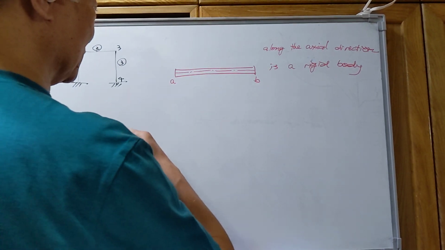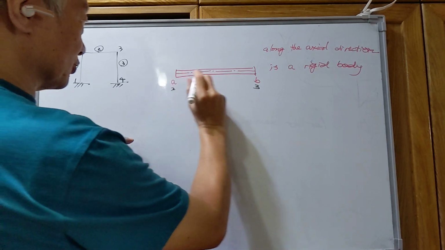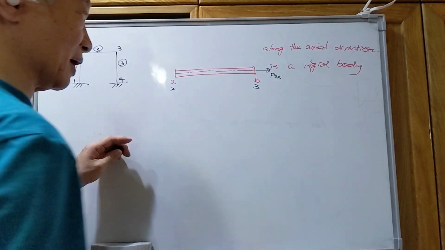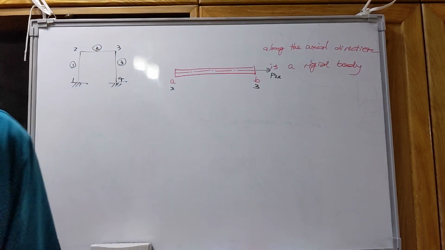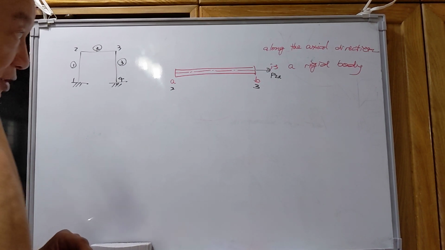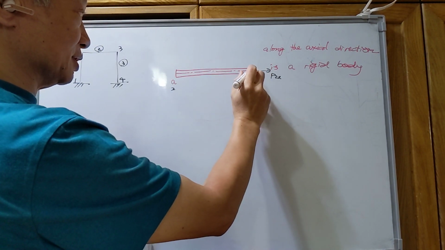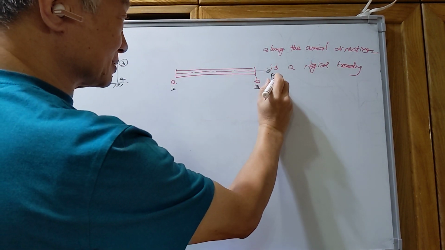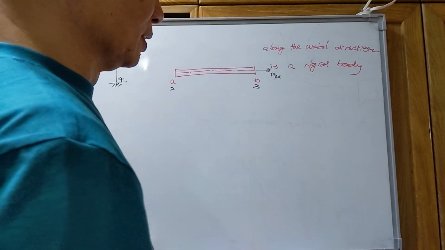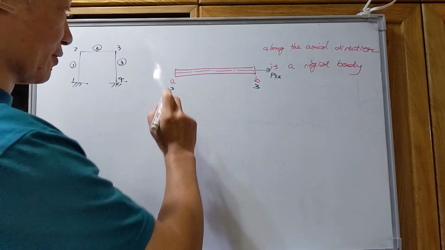Okay, for this element, A is point 2, B is point 3. So if we have the force P2x applied, which is the P3x, if we originally have the P3x, which is the horizontal external load applied to the node point 3.